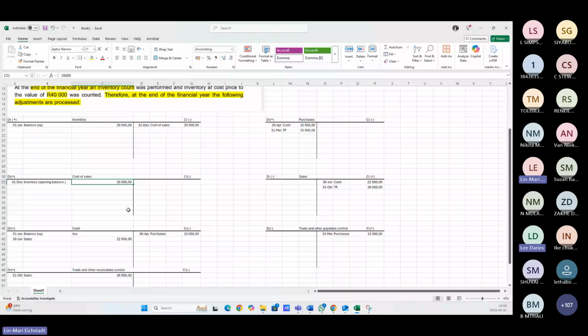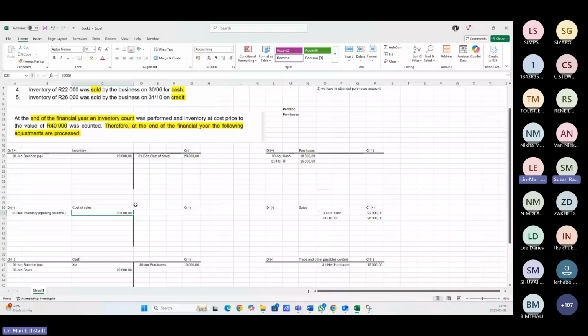Okay, so just to remember, cost of sales is seen similar to an expense account, right? For all our expense accounts, we never have an opening balance. We clear all of our expenses of the prior year to our profit and loss account to show us what our business did.